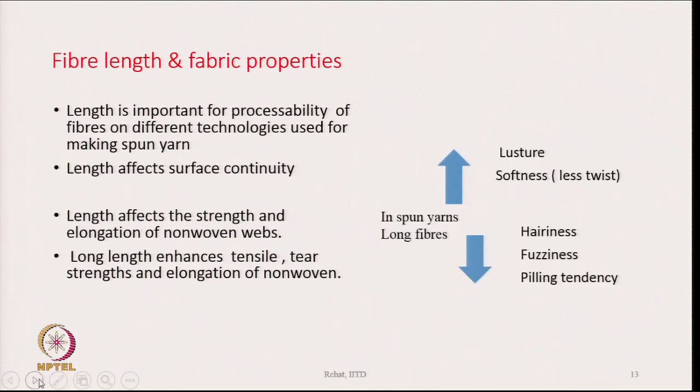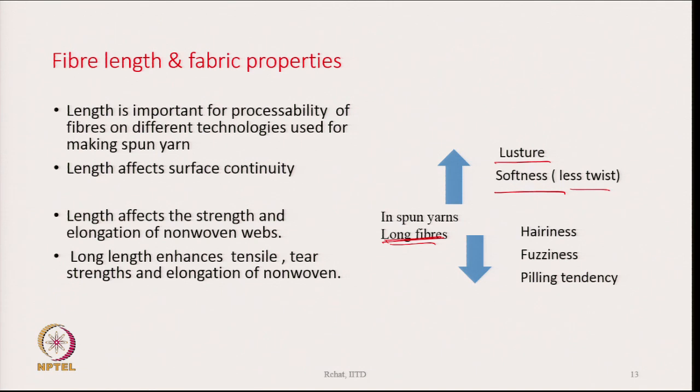The other thing we can say is that in spun yarns with long fibers, luster and softness are going to improve. Why is softness going to improve? Because with long fibers we will need less twist.